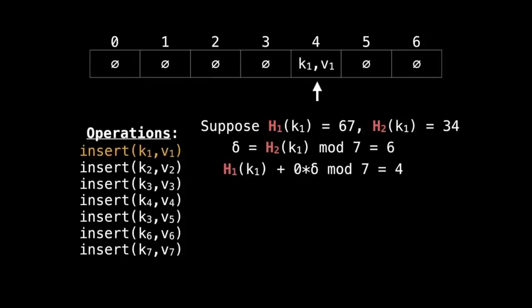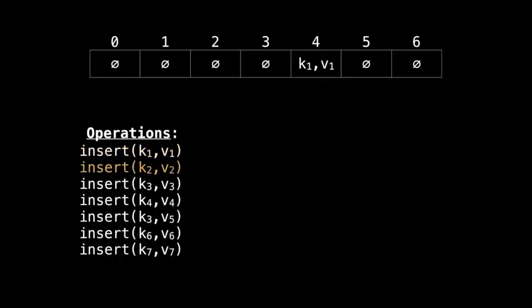And then we compute where this key value pair should go, and it should go at position 4. So now k2, suppose h1 of k2 is 2, and h2 of k2 is negative 79.